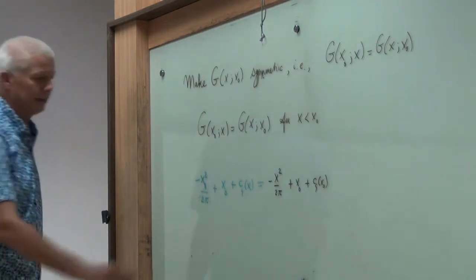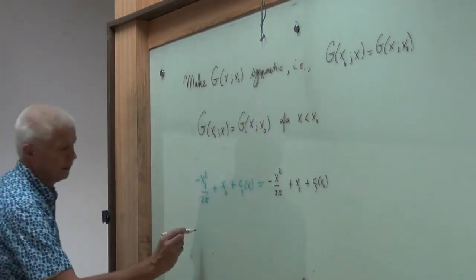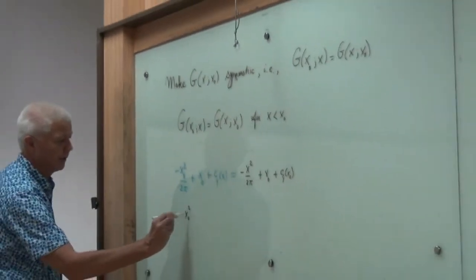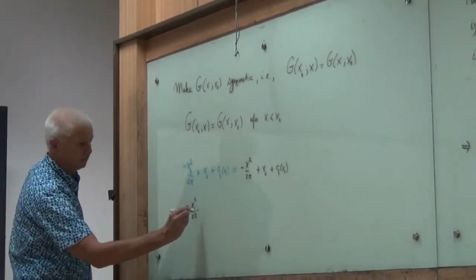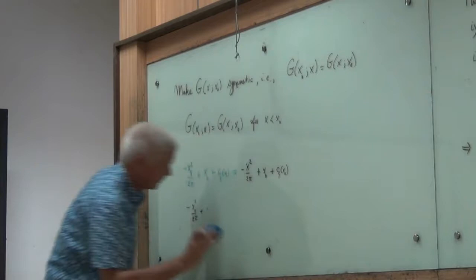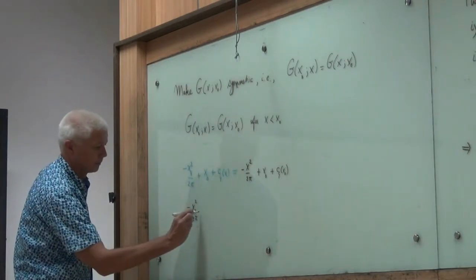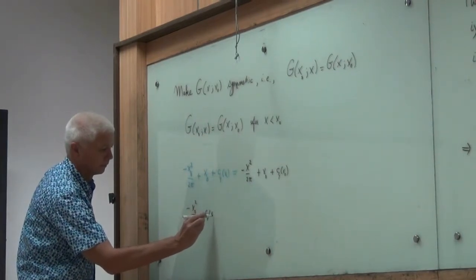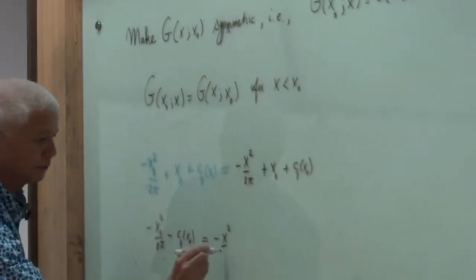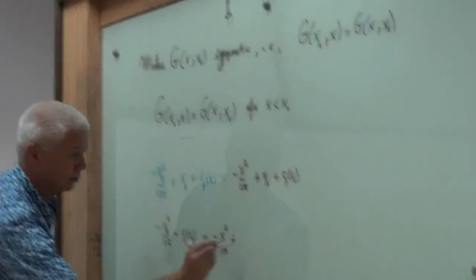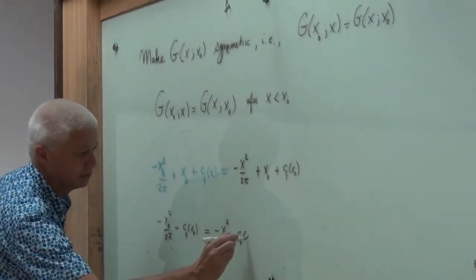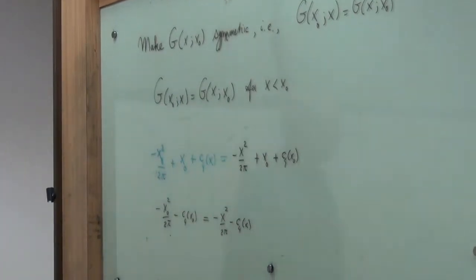But then how to continue? I can make it a little bit more simple. Put all the x0s on one side: minus x0 squared over 2 pi plus minus c4 is equal to minus x squared over 2 pi plus minus c4x.